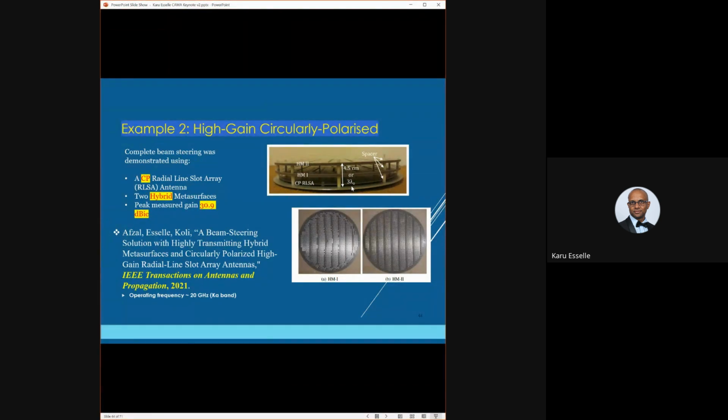So the RLSA is this one, the bottom layer, and then the first metasurface HM1 is this, and the second metasurface HM2 is here, and they were spaced by nylon or plastic spacers. The total height of the antenna from the bottom to top, including the stand, is 4.5 centimeters, so 3 wavelengths at the center frequency.